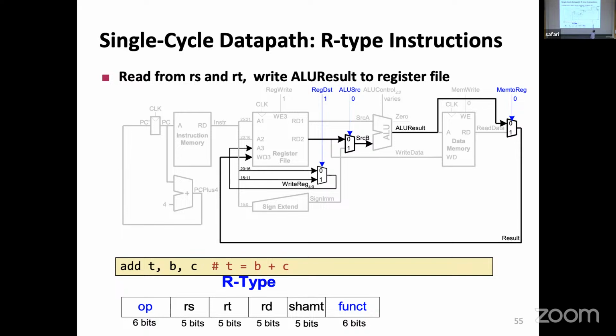Now the ALU result used to go as an address to the data memory. It can still go there. I don't care, because I'm going to ignore the output of the memory. What I will do is I will take the result of the ALU, bypass whatever I was reading from memory using another multiplexer. I told you I like the multiplexers, right? They are so cute. And then I'm going to bring it back and write back to the register file.